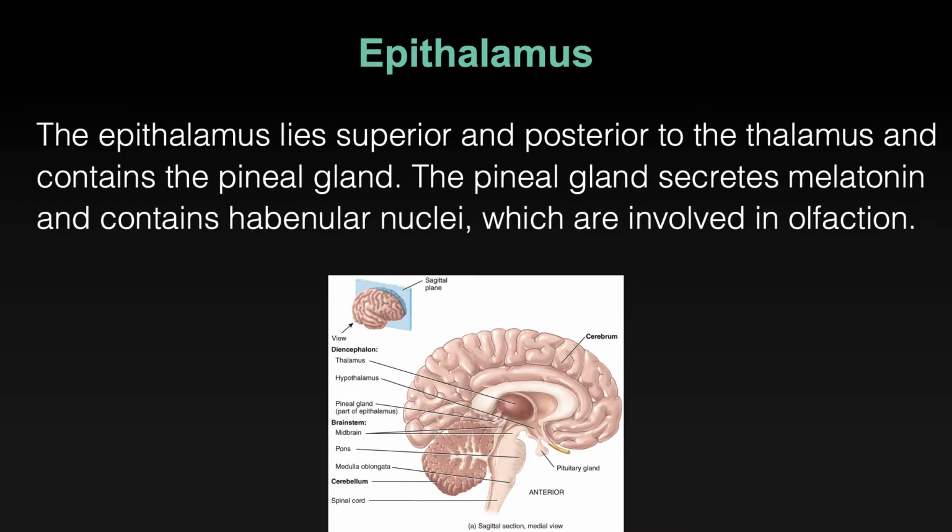It does so through activating the pineal gland. And so melatonin is secreted by this gland. It's regulated by the epithalamus. And there are other important nuclei, which we'll talk about in a second. But melatonin release.